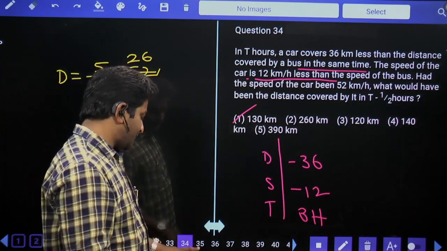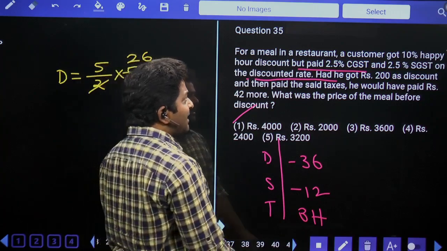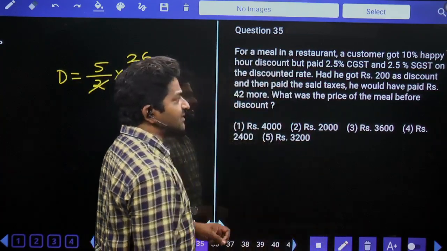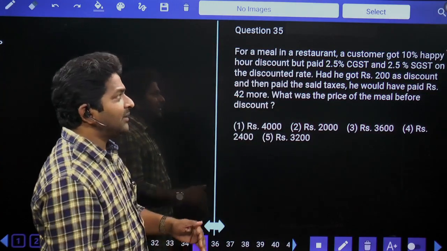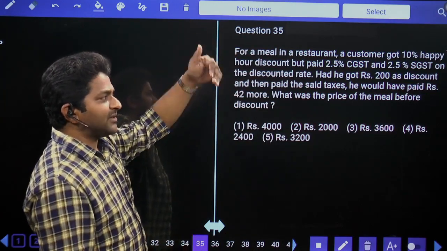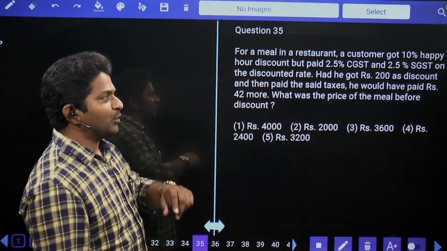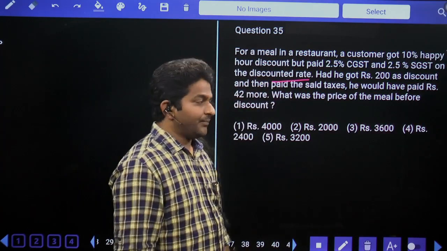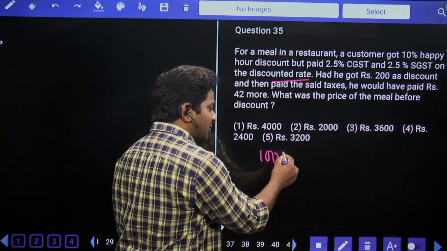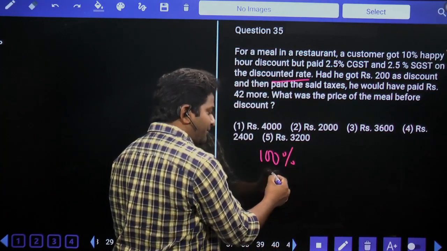First option is the answer. For a meal in a restaurant, a customer got a 10% happy hour discount, but paid 2.5% CGST and 2.5% SGST on the discounted rate. That means if the initial price was 100%, he got a 10% discount.